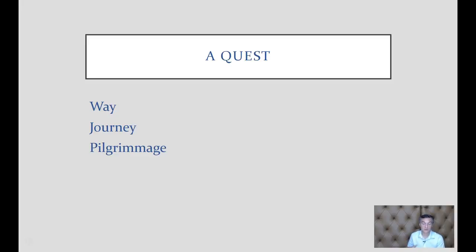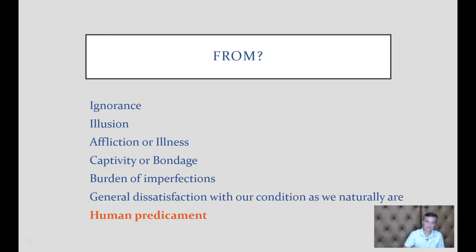That can be expanded to include all of life being a pilgrimage, where we are in this mortal life as pilgrims. We're not at home here, it's temporary, and our ultimate destiny, where we'll be completely fulfilled, is wherever that destination is, whatever that is. So the religious individual can be said to be on a quest.